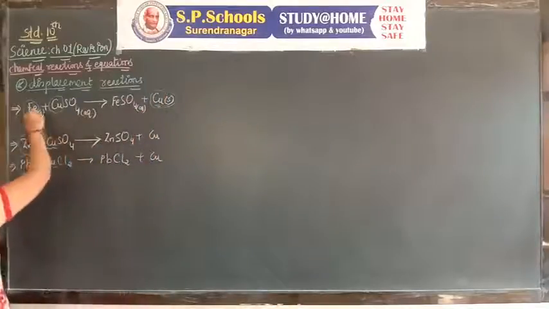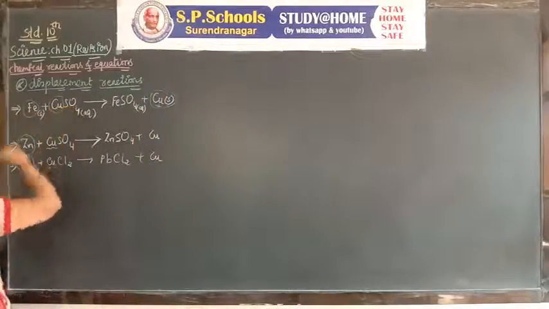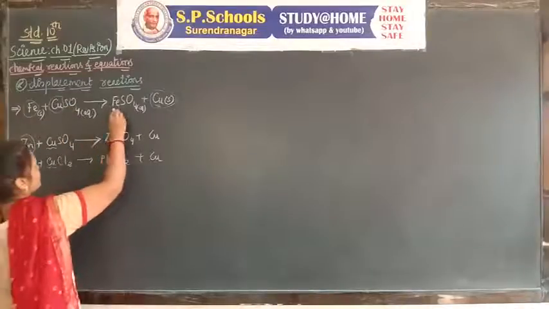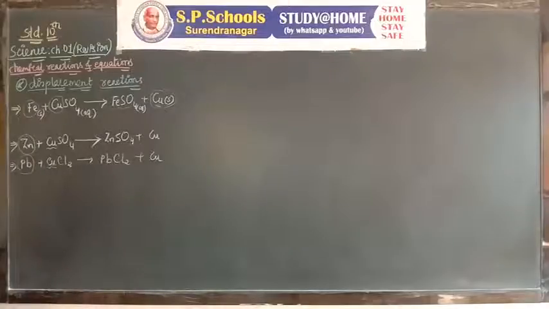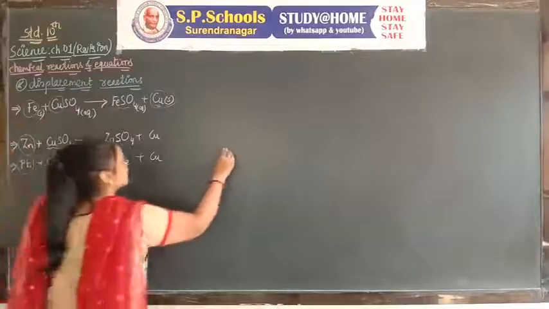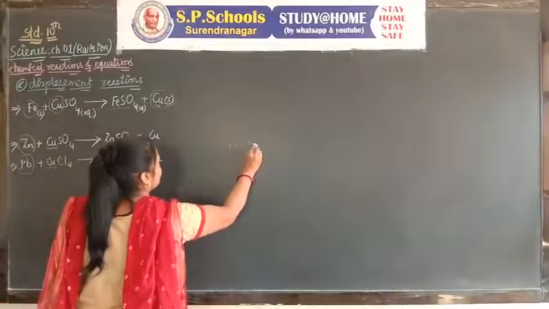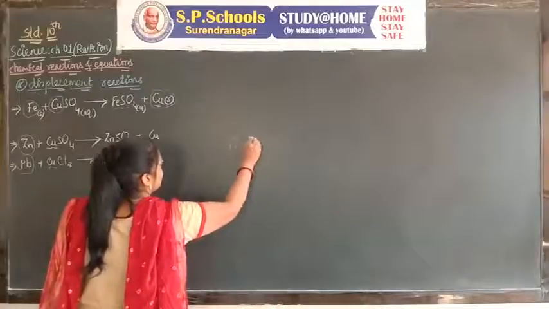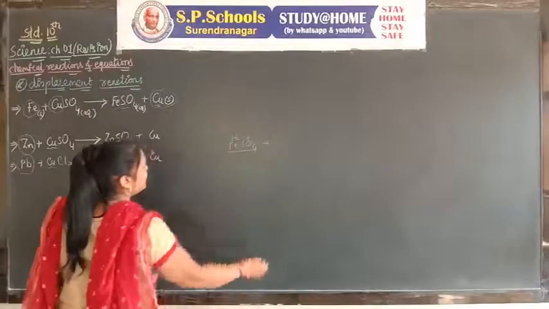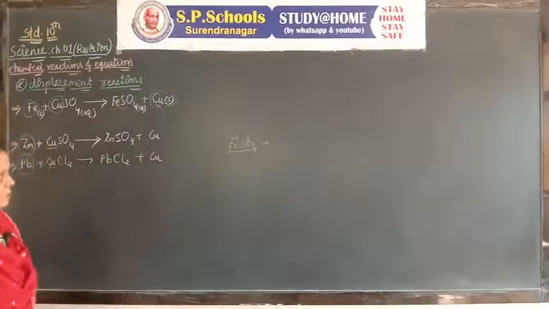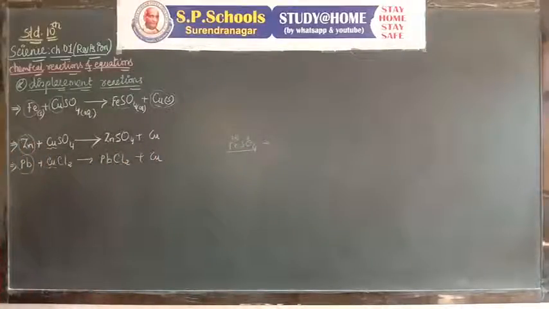So Fe makes the compound with SO4, so formation of FeSO4 and Cu. In the reaction, one thing to remember is that in FeSO4, Fe has valency plus 2, SO4 minus 2, so the compound is formed from a plus ion and a minus ion, so FeSO4 plus Cu.